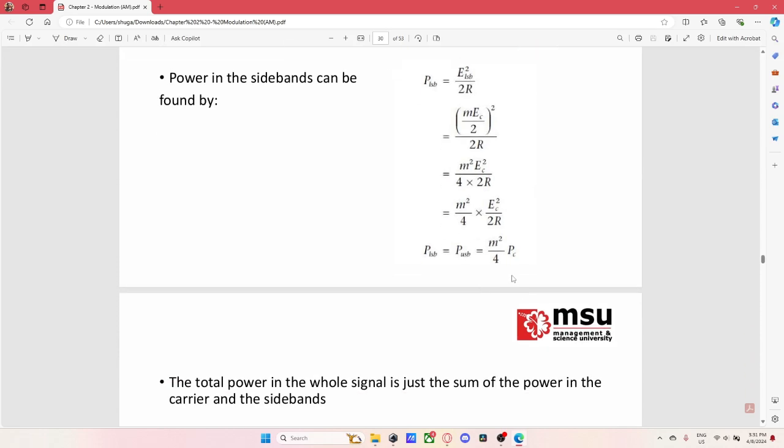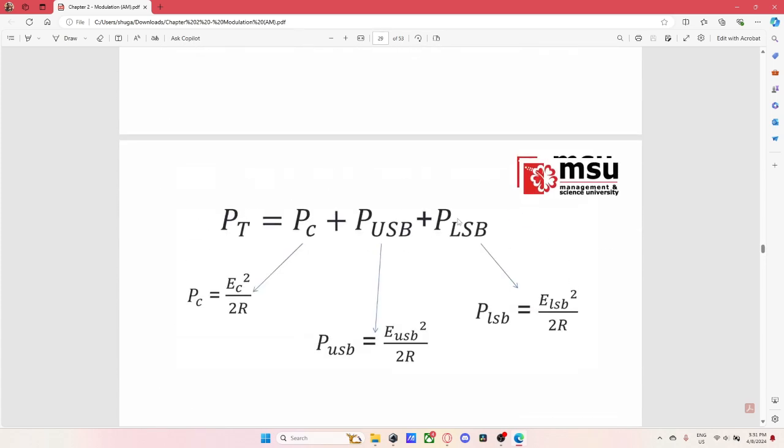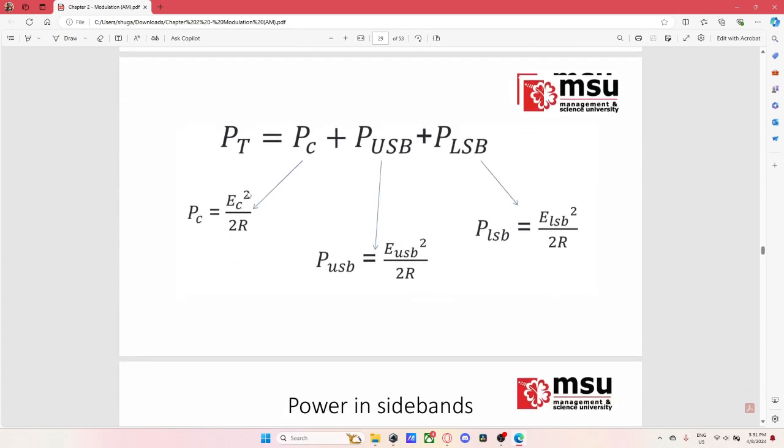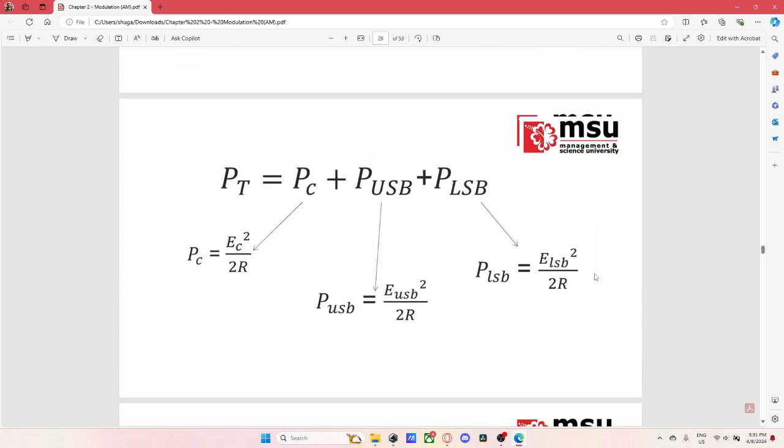Using that same power carrier, you can find both PLSB and PUSB by multiplying the power carrier by modulation index squared over 4. So with PT, since we already have PC and PUSB, you can use this equation instead: M squared over 4 PC, and the same goes for PLSB.